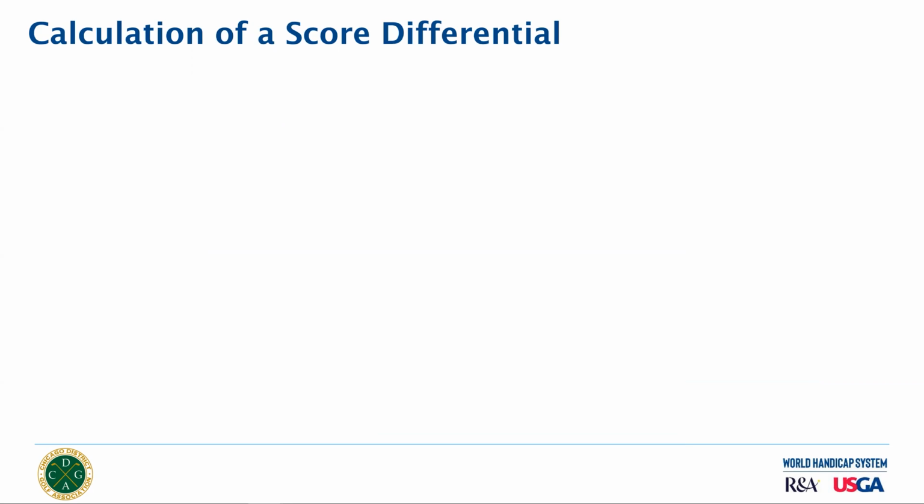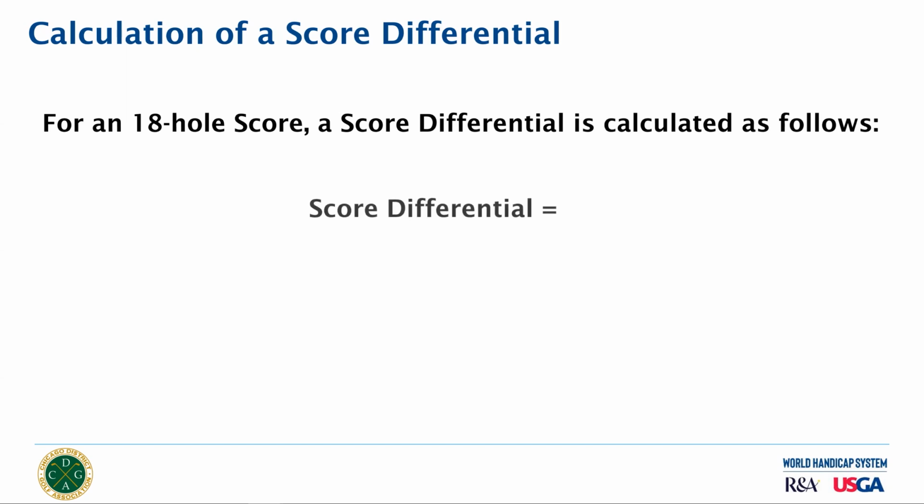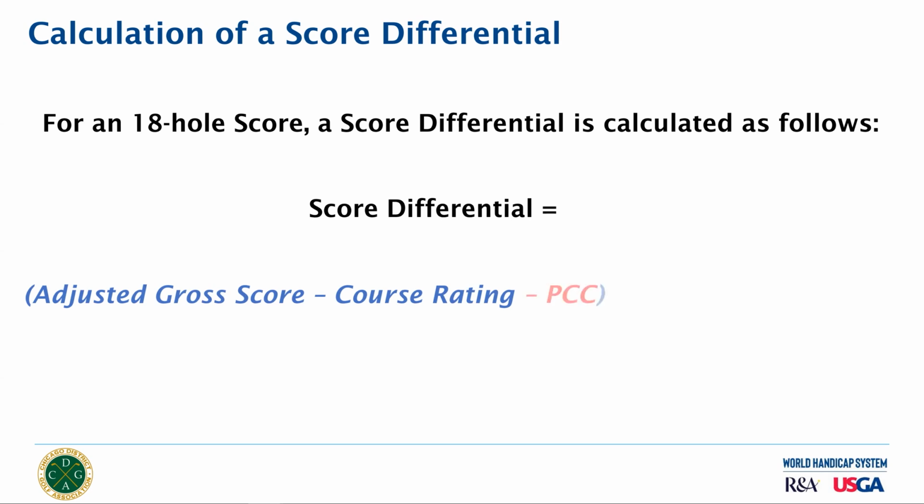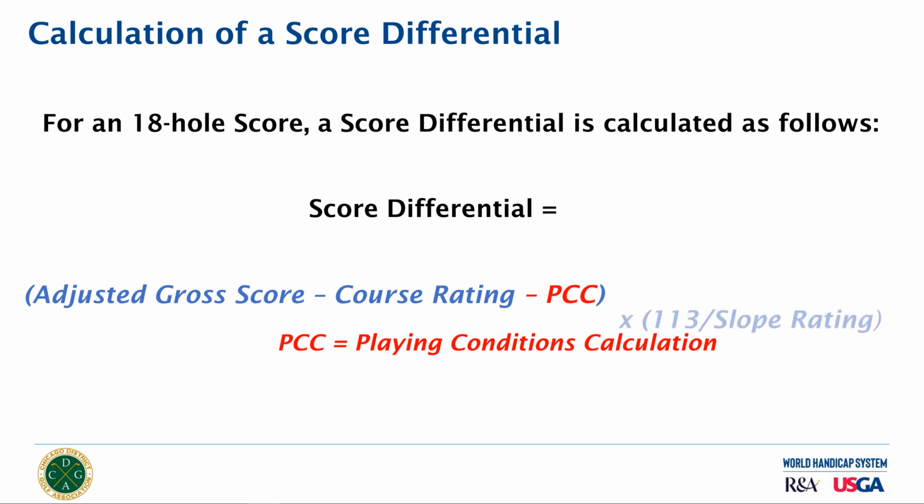The calculation of a score differential. For an 18-hole score, a score differential is calculated as follows. The adjusted gross score minus the course rating, minus the playing conditions calculation, times 113 divided by the slope rating.